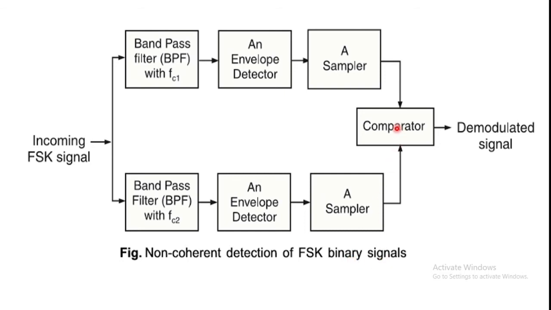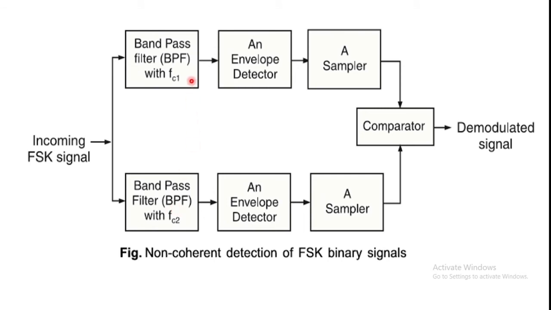Now here the comparator is nothing but a decision making device. A decision is made in favor of binary symbol 1 if the envelope detector output derived from the filter tuned to frequency FC1 is larger than that derived from the second filter.